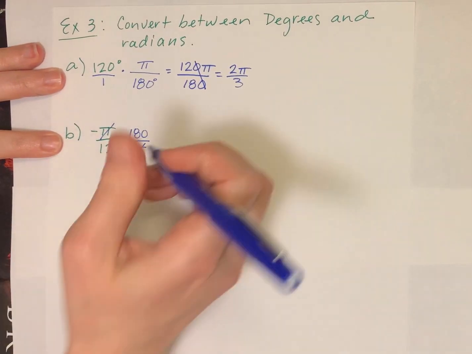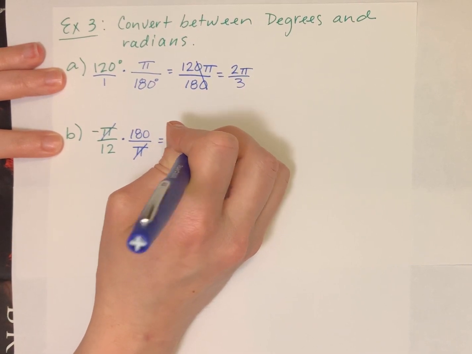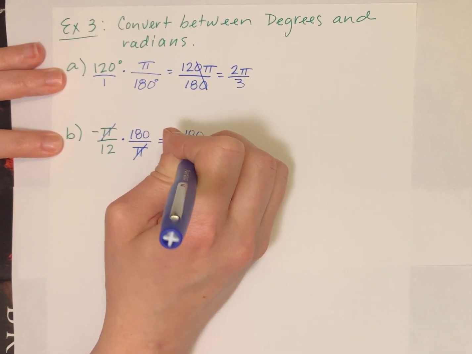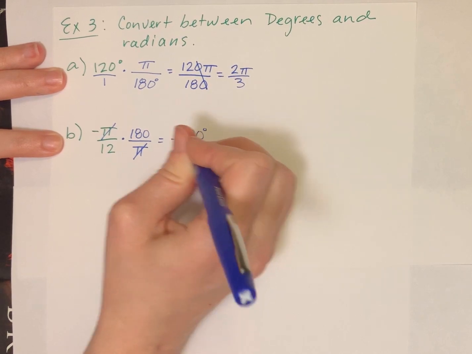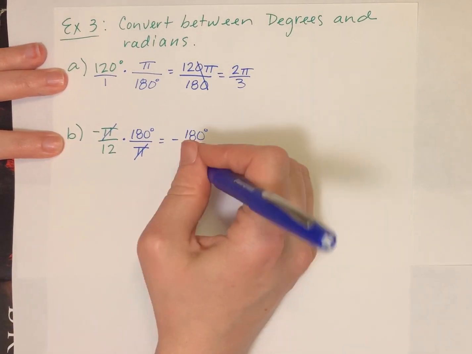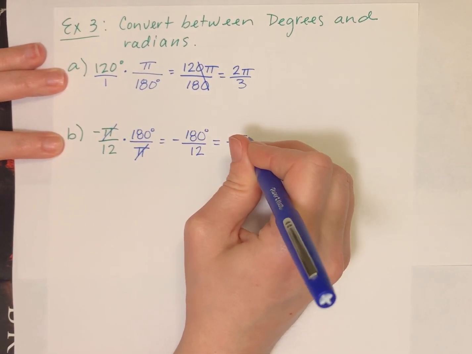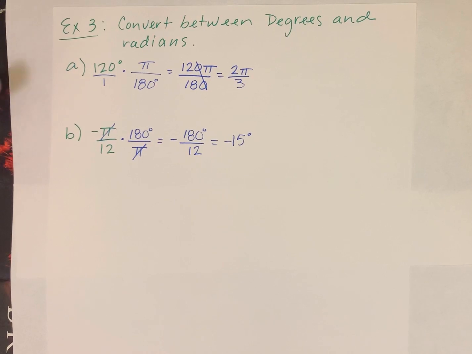Negative 1 times 180, so negative 180 over 12. Oh, this is degrees. So we would just simplify this, so it'd be negative 15 degrees. That's all. Thank you very much.